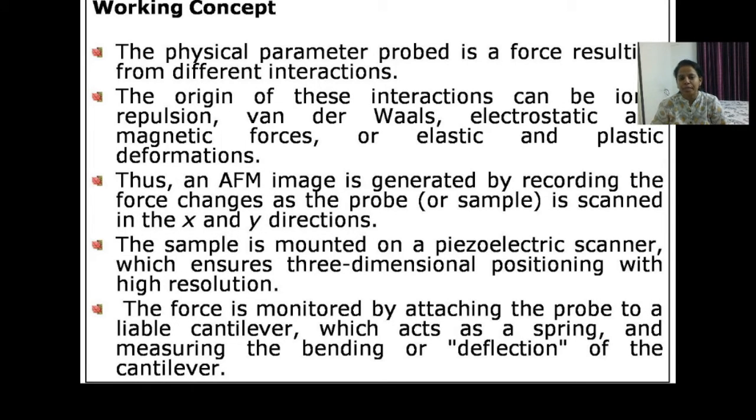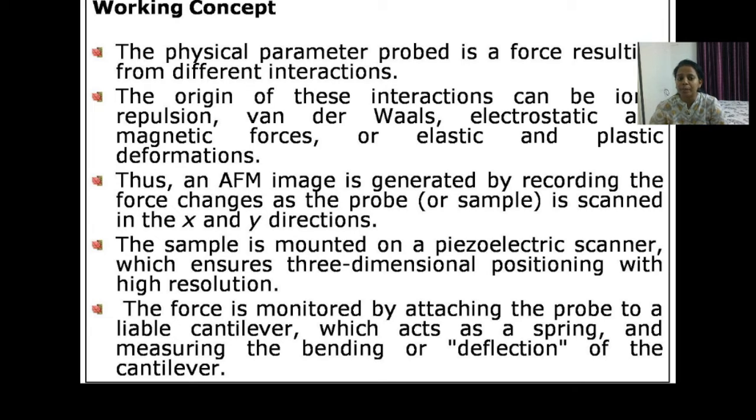So let us try to understand the working concept of AFM. The physical parameter probed is a force resulting from different interactions. The main important principle of AFM is the interaction of the tip with the sample, and the origin of that interaction can be any kind of force.